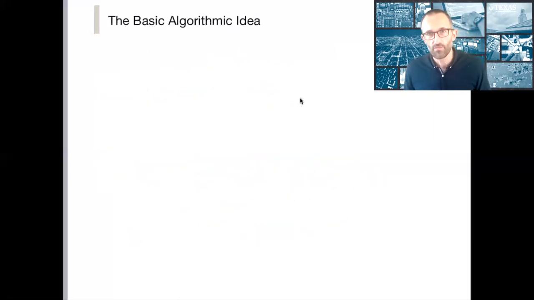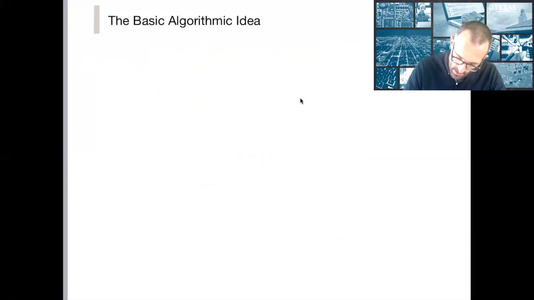So let's give the basic, let's say, proto-framework for the ellipsoid algorithm, and we're going to use that to then see what are the holes that we need to fill in order to make this into an algorithm. So here's the idea.